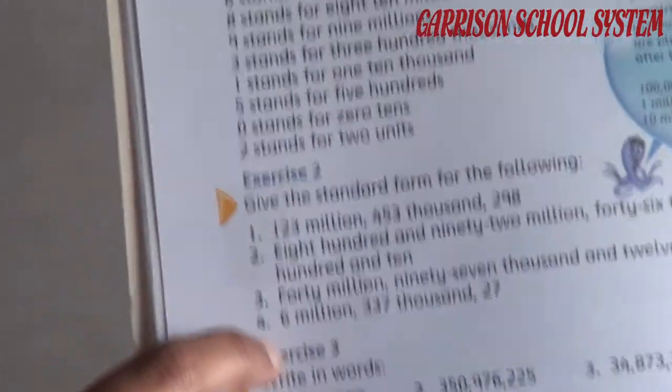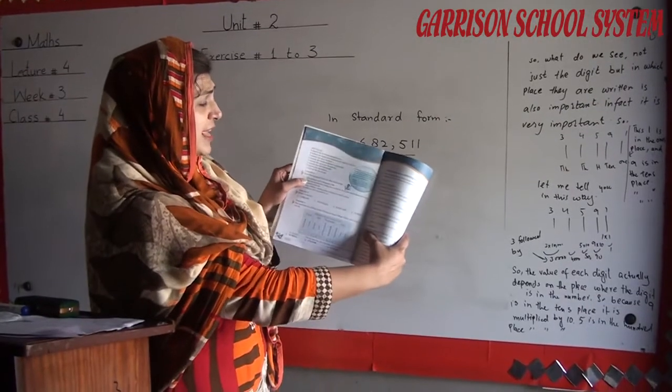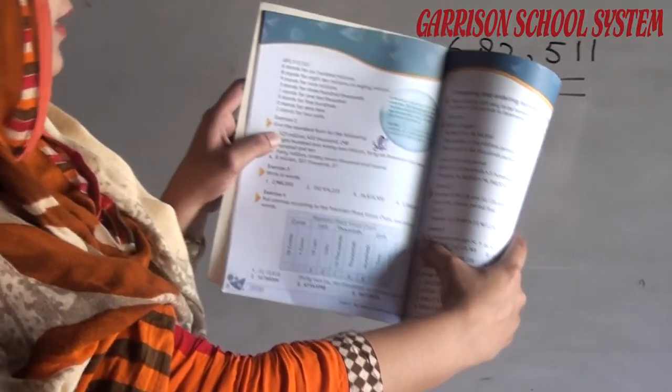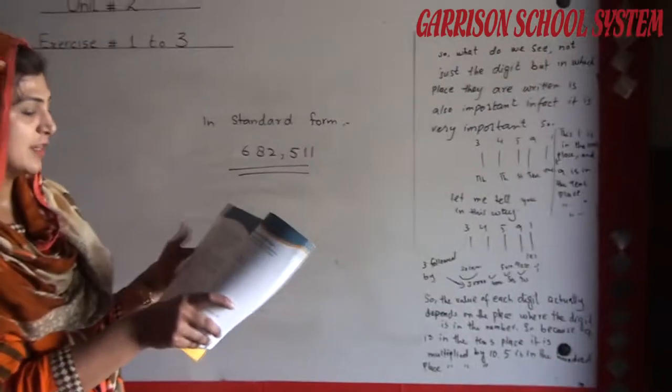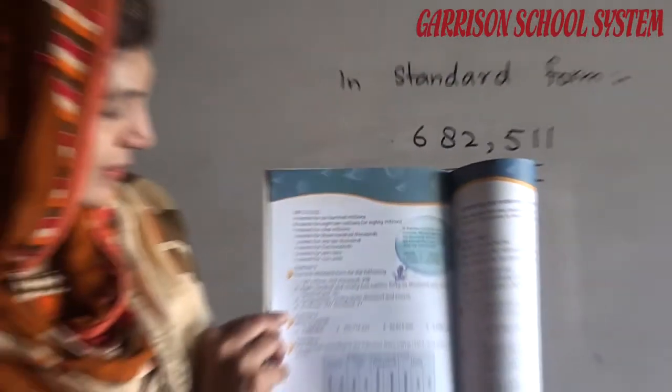Students, I have already explained the standard form. You just write the number as the number name is given here. This is called standard form. So you can do all these questions by yourself.